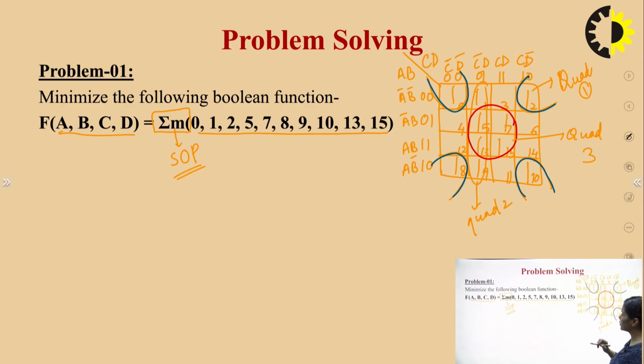Let's see how the expressions will be formed using this quad. So finally, you can see these 4 of them are together. So when we are having a look at AB, A bar B bar and A B bar, from these two we have to find the common. What is the common? B bar is common.